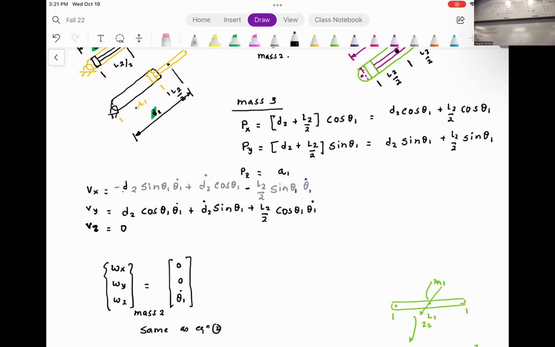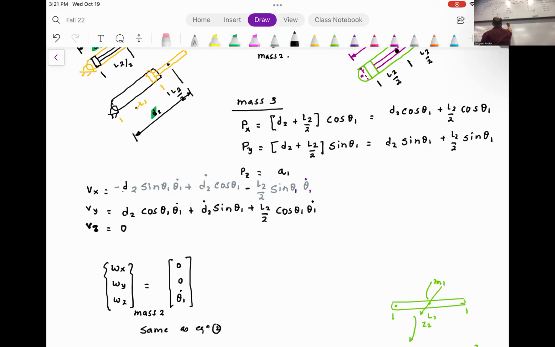So if I consider this as my datum, all the masses, so M1, M2, and M3, all these masses are about the datum. There is no z, so the potential energy of mass M1 is equal to 0.